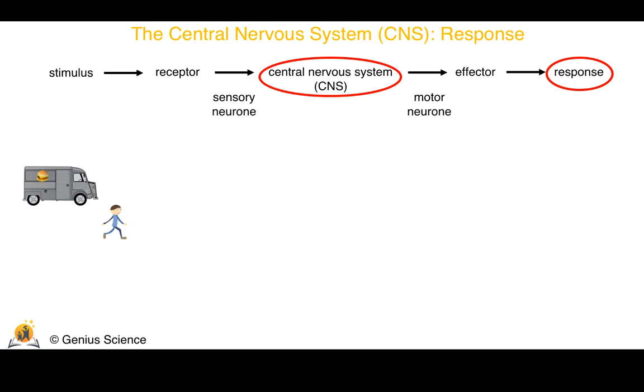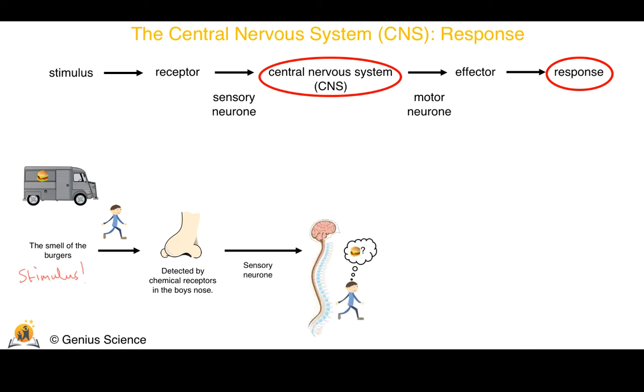A boy is walking past a burger van, and the smell of the burgers is the stimulus. And this smell, the stimulus, is detected by receptors found in his nose. This information is then sent via an electrical impulse to the central nervous system via a sensory neuron.